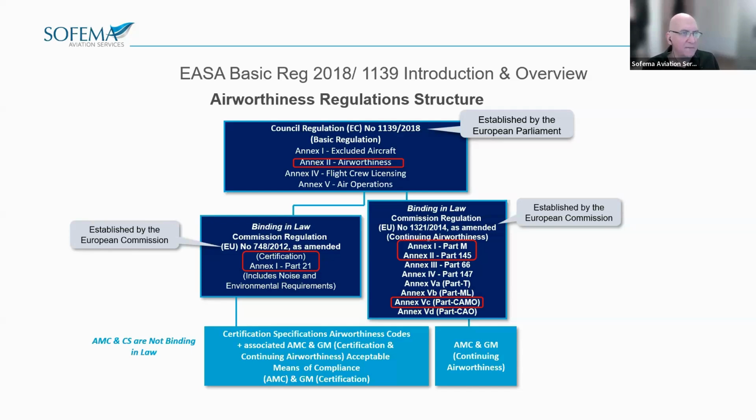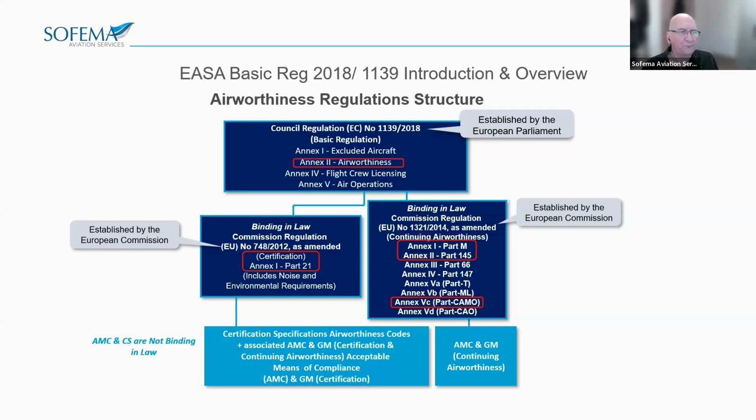One of them is 748/2012, and that relates to initial airworthiness or certification, or what we call Part 21. On the other side, relating to continuous airworthiness, is Regulation 1321/2014, and that contains, I think, about 7 annexes there. Anyway, from Annex 1 through to 5D.